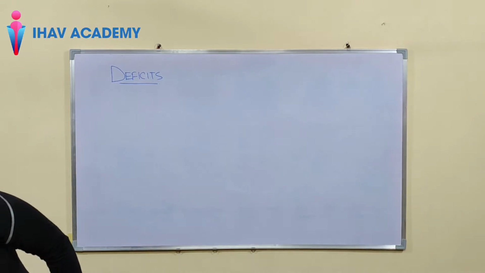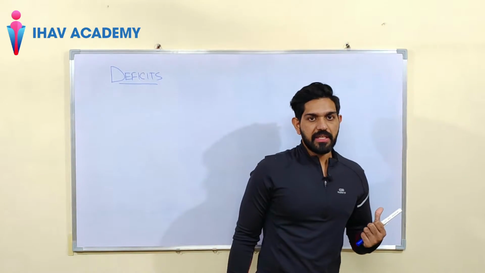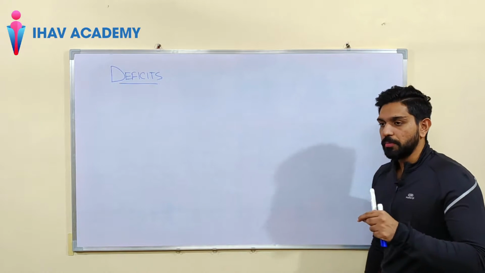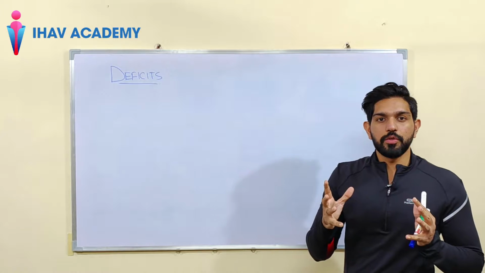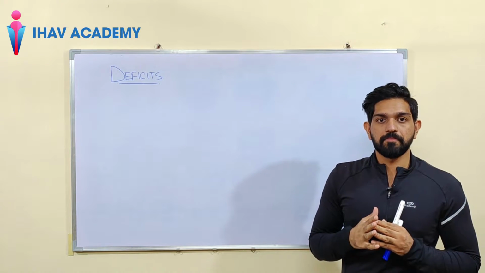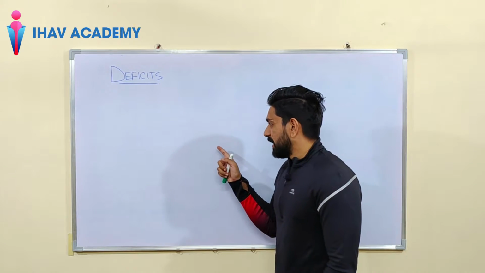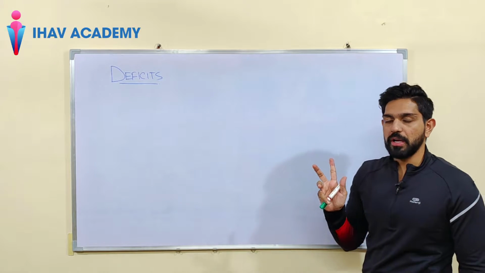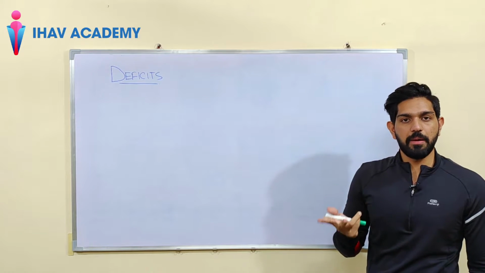मैंने कल क्या बताया था रेवेन्यू डेफिसिट के बारे में, वही मैंने आज बताया है, पर फिर भी मैंने कल क्या बताया था? The loans which are taken by the government of India to fulfill this revenue deficit. ये कैसा जो हम फुलफिल कर रहे हैं रेवेन्यू डेफिसिट, ये किस प्रकार का ट्रांजैक्शन है? नॉन डेवलपमेंटल. कैसे? क्योंकि in the revenue deficit, मैंने अभी बताया, revenue are those transactions which don't alter the two variables, asset and liability part.